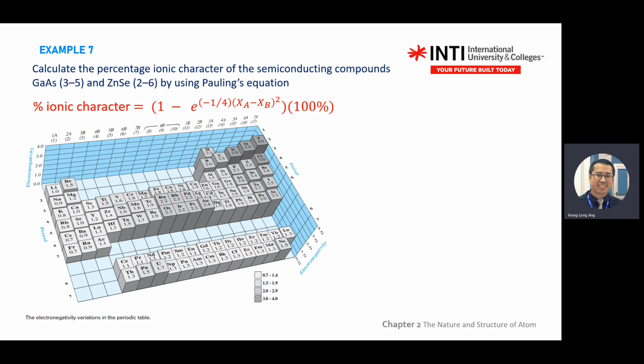Zn is here. Zn is 1.6. Se, this one, is 2.4. Then you substitute: 1.6 minus 2.4. You press the calculator. Again, this is an e exponential.